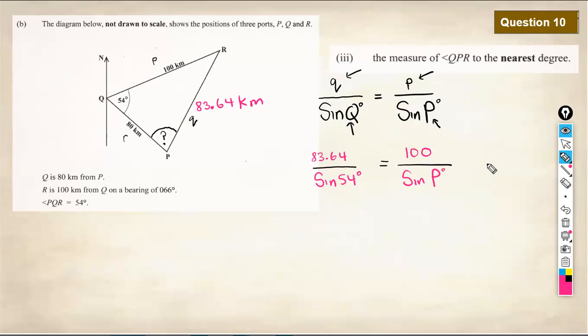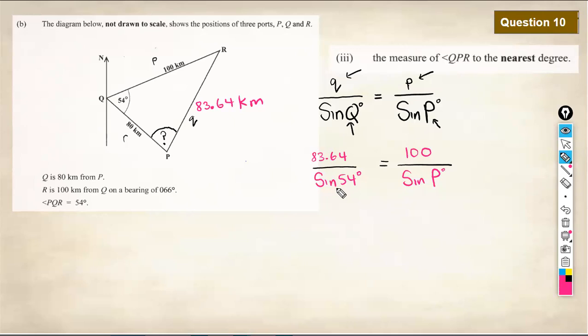Now, there are 2 ways we could go about this question, and I believe I showed you all sometime last year. We could actually start cross multiplying now, or we could find sine 54, round it off to 3 decimal places, and then cross multiply. Either way, you're going to get the same amount of marks in the exam.